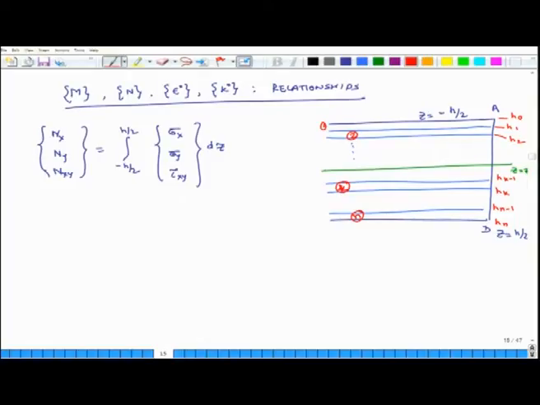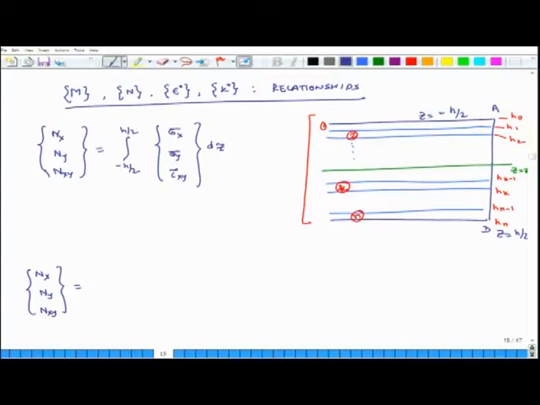So, with this convention, we develop this relation further. So, we say that Nx, Ny, Nxy equals... Now, what we have to do is integrate sigma x across the thickness of the specimen.